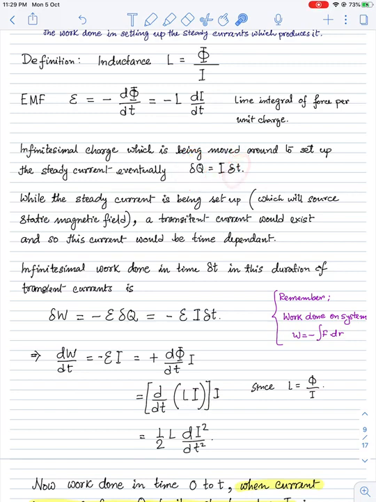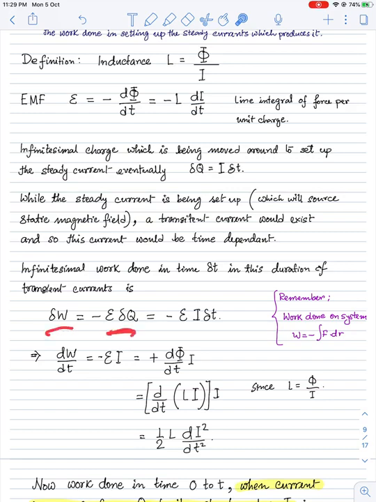First, let us ask what is the infinitesimal work done in moving this infinitesimal charge in time delta t. That infinitesimal work would be given by the line integral of force per unit charge, times the infinitesimal charge delta q. This comes from the definition of EMF, the line integral of force per unit charge. Work done is the line integral of force, with a minus sign because we are doing work on the system.